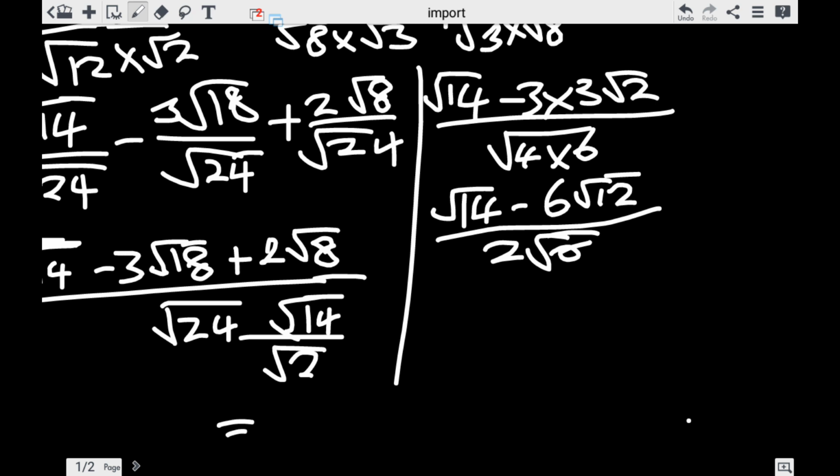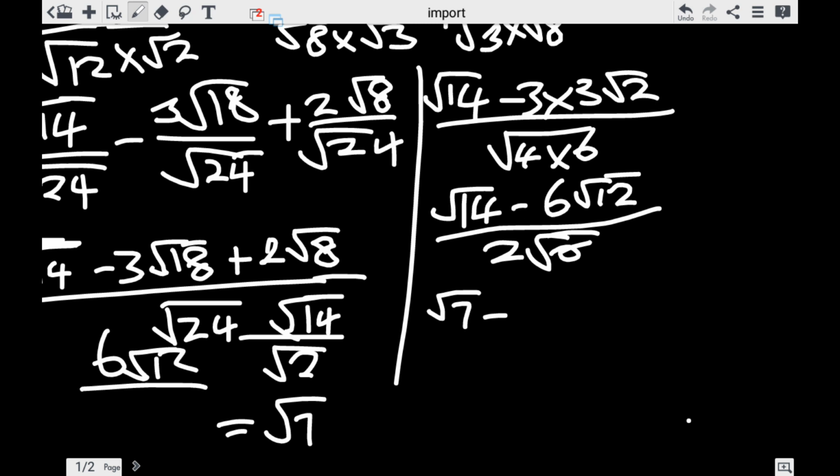So you should get root 7 there. So over here you are going to get root 7 minus sign, then what is 6 root 12 divided by root 6.